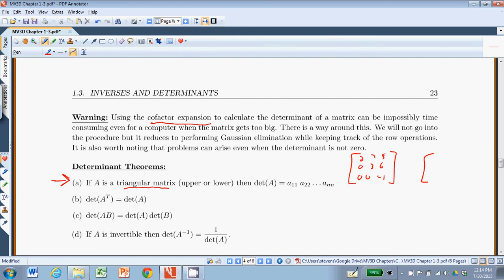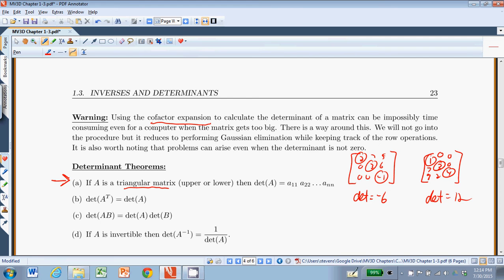Or lower triangular, where we might have 1, 3, 4, 7, 9, 2, 0, 0, 0. The determinant of such a matrix is just the product of the diagonal elements. So the determinant of this matrix is negative 6. The determinant of this matrix is 1 times 3 times 4, which is 12.